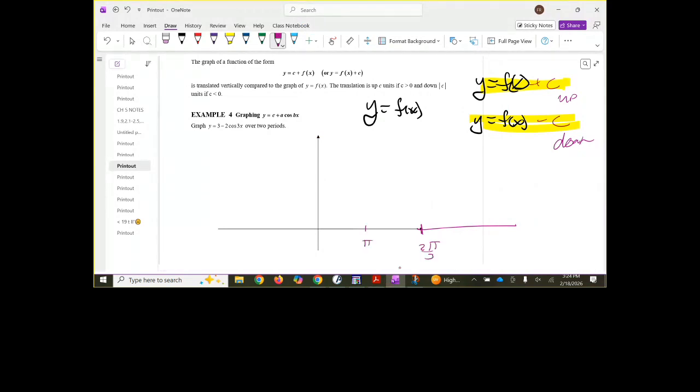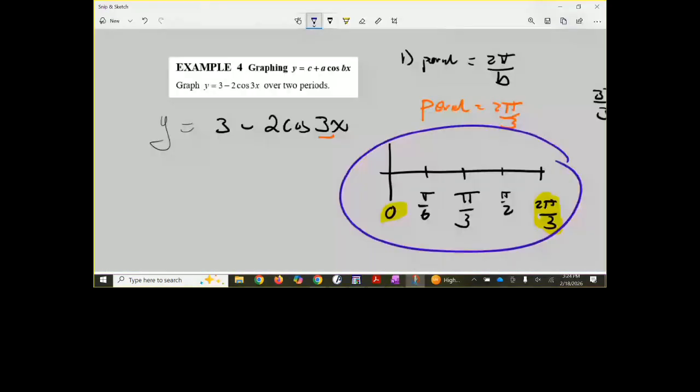We had a pi over 3, a pi over 6, and a pi over 2, like that. Okay, so I'm getting that part done. Let's start to make our table, my friends. Boom. Okay. My x values are 0, pi over 6, pi over 3, pi over 2, 2 pi over 3.